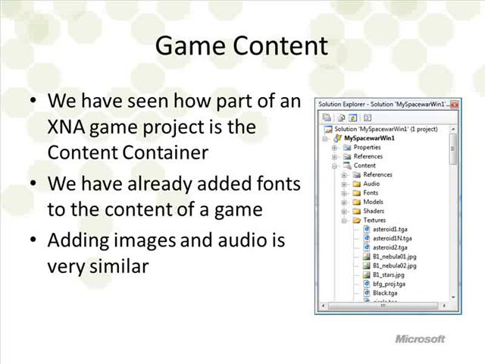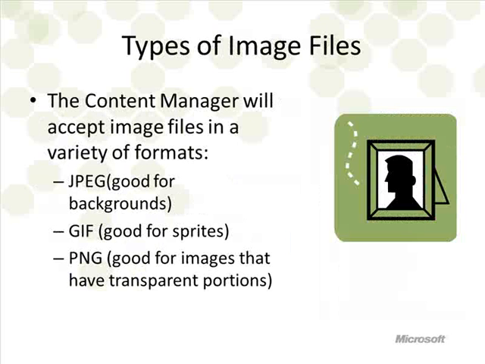We've made fonts in the past. We're going to have a look at doing some pictures, or as the proper posh games programmers call these things, textures. Putting these things in is just the same. The process by which you do it is managed for you by the XNA Content Manager, and we're going to be looking at 3 different types of image.